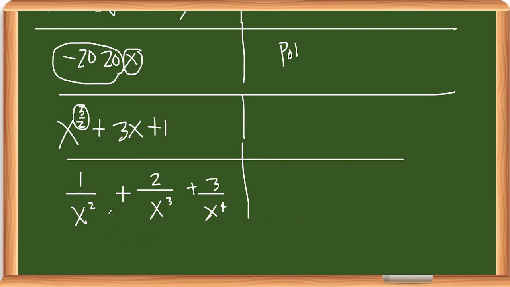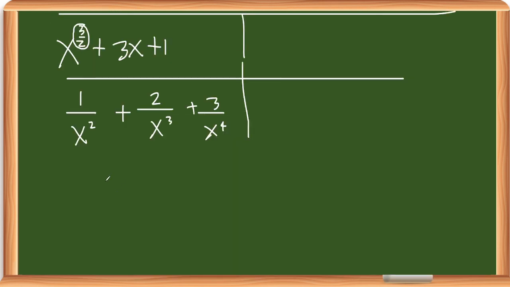Okay, if you remember, 1 over x squared is actually x to the negative 2. Do you know the negative exponent? When a number has a negative exponent, it is equal to the reciprocal of this number so that the exponent becomes positive. Because the exponent should always be positive, right?